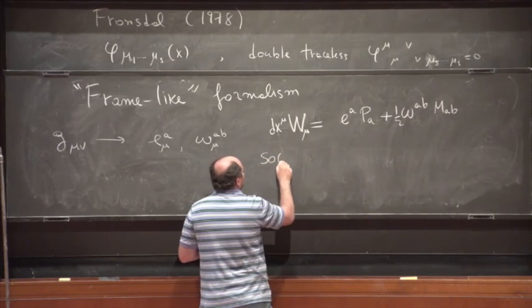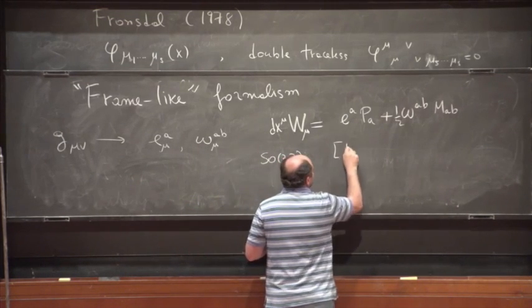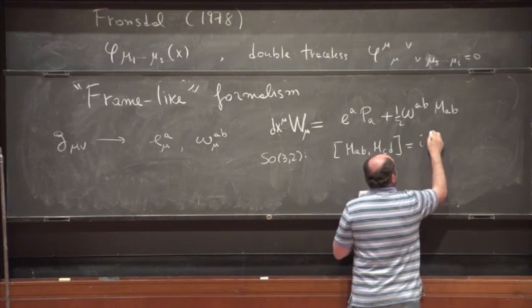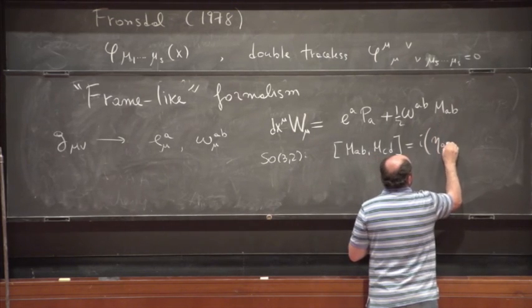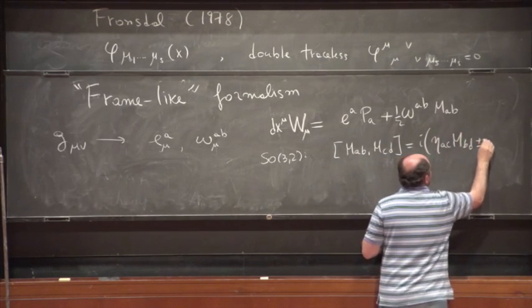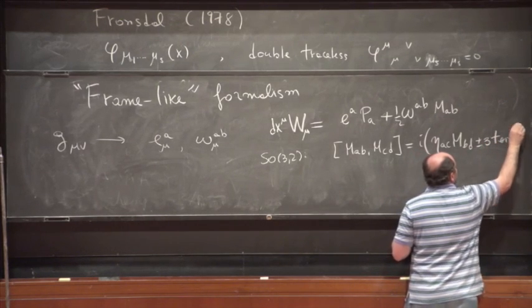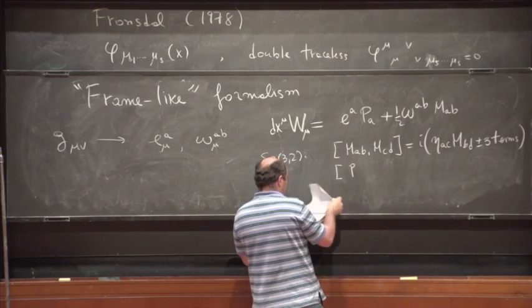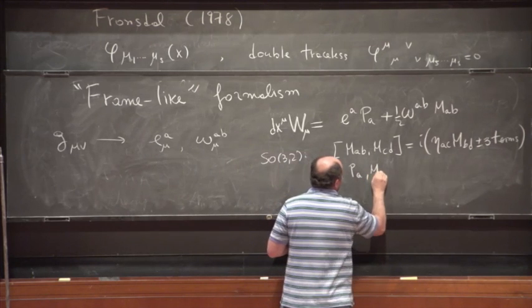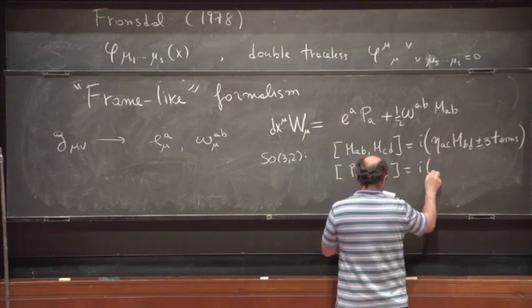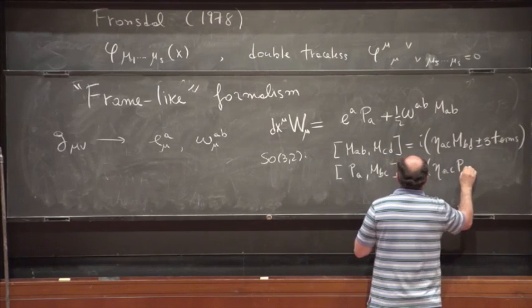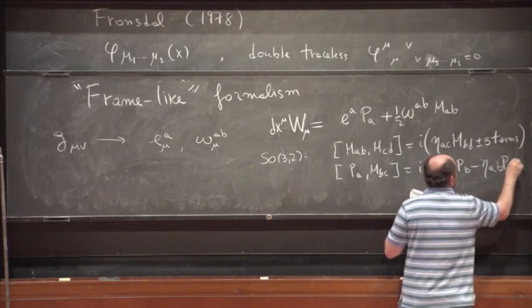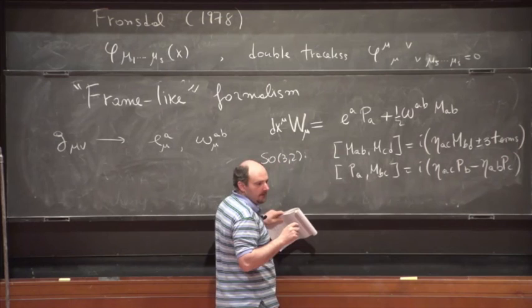M are just the usual rotations. P transforms, or M rotates P. Okay, so this will be the same in zero cosmological constant.